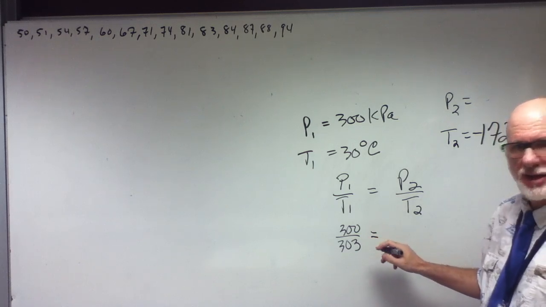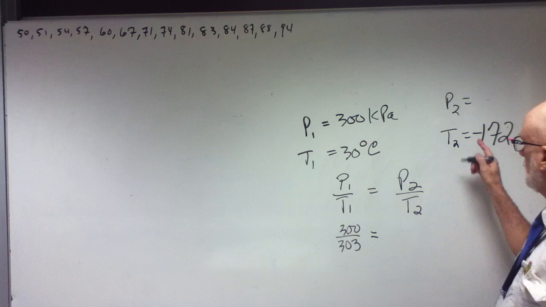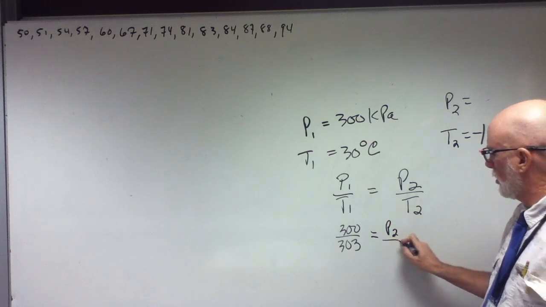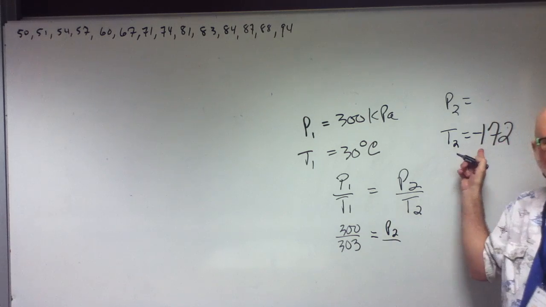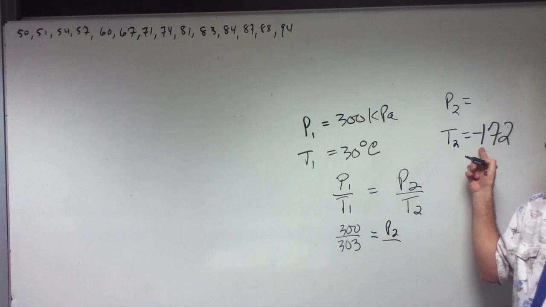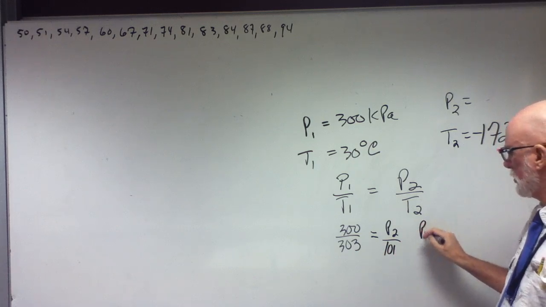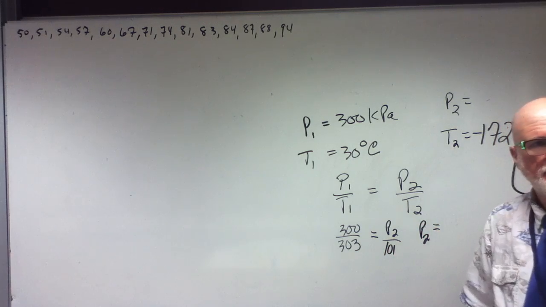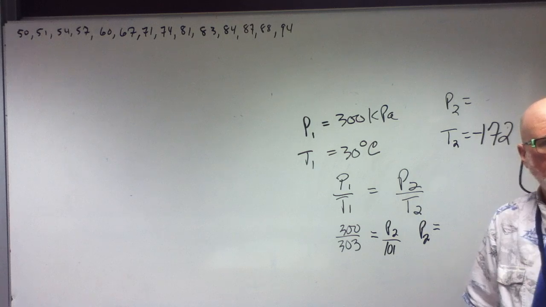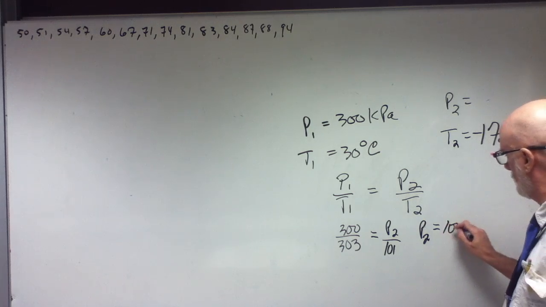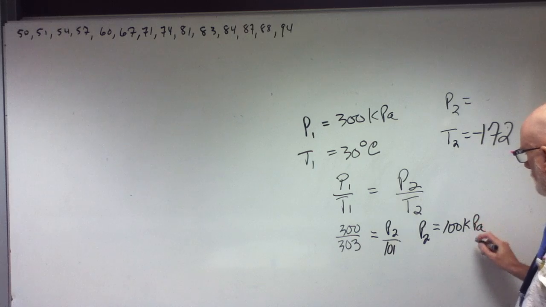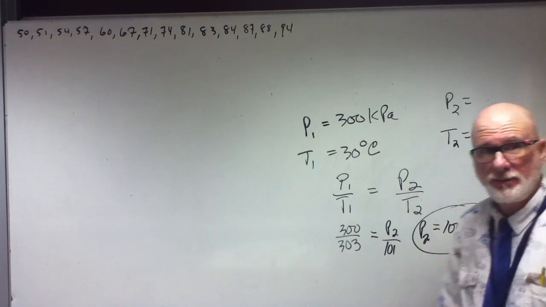I left off the unit labels, I apologize. And then this will be P2 over what's negative 172 plus 273? 101. Right? And what's P2 equal to? P2 equals 100 kilopascals. Yeah, 1.00 times 10. Is that the correct answer?